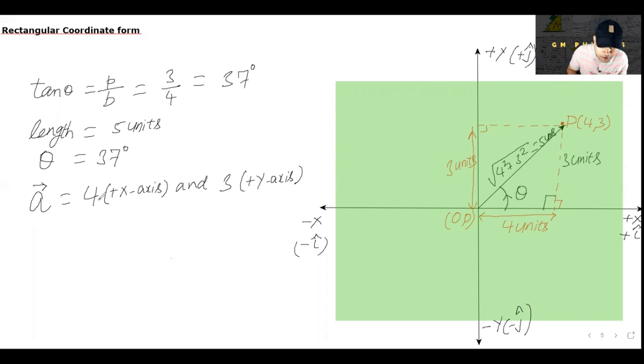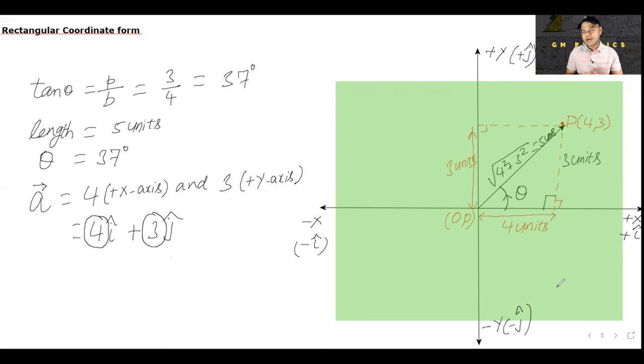So rather than writing 4 units along the positive x-axis and 3 units along the positive y-axis, we write it as 4 i cap plus 3 j cap, right? This is the x component of the vector, and this is the y component of the vector. So this is an example of rectangular coordinate form representation of a vector.